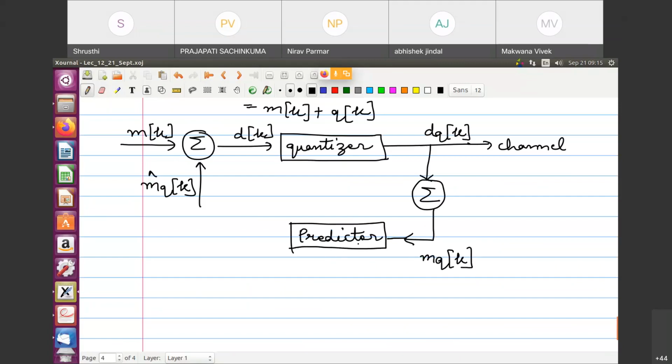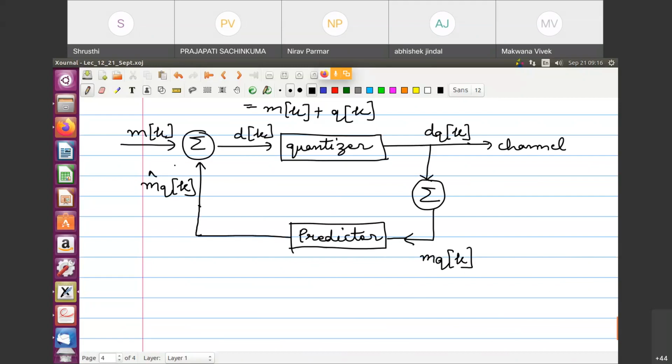This is a series, so m of q k as an input to the predictor means that for the current value of k, the predictor will only use k minus 1, k minus 2. This should be known. So I need to have this because that is the logic, and this should give me the predicted value of the current.